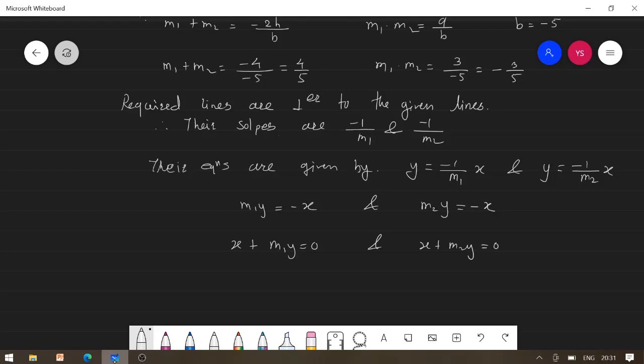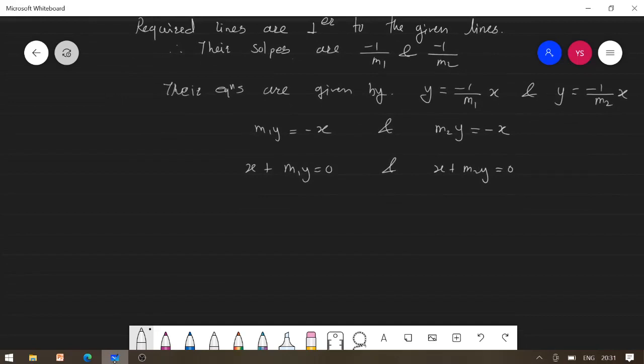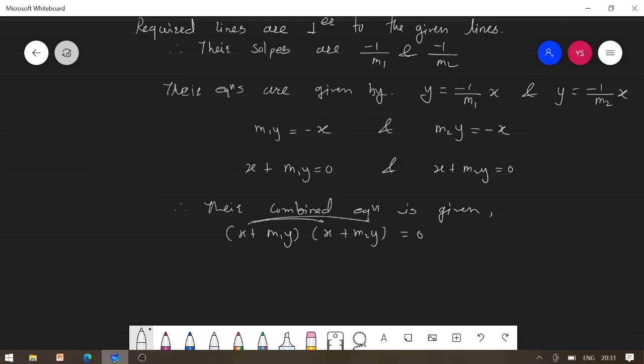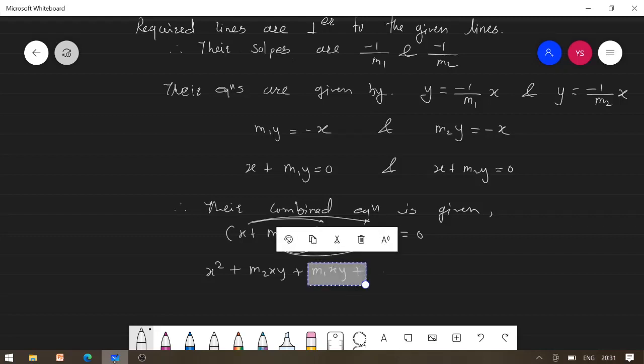Now, for finding the combined equation, their combined equation is given by (x + m1y)(x + m2y) = 0. Try to use the distributive law. Firstly distribute x over the second bracket, nextly distribute m1y over the second bracket. We might get here x² + m2xy + m1xy + m1·m2·y² = 0.